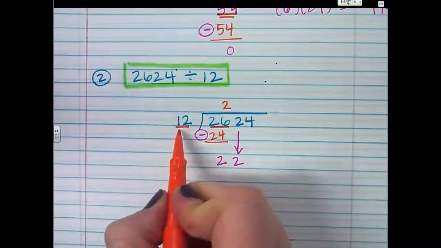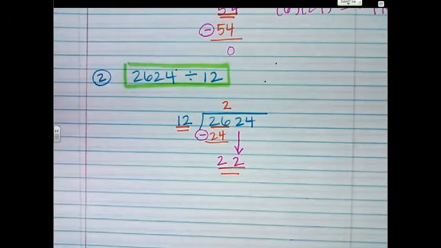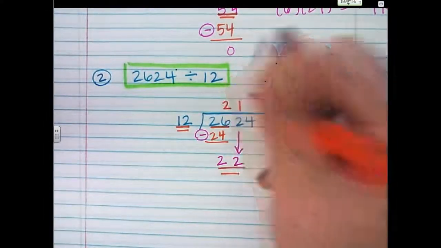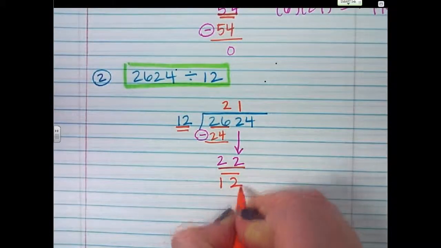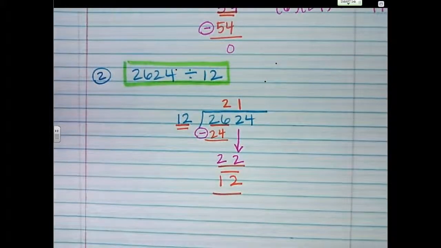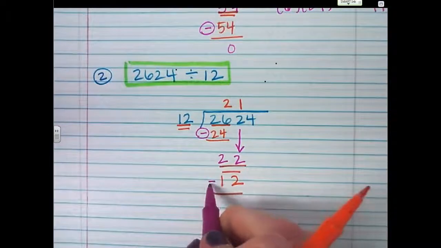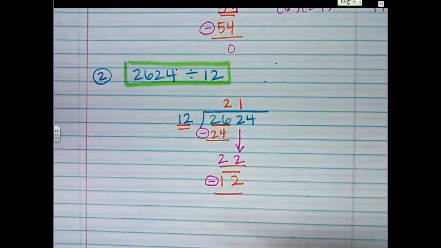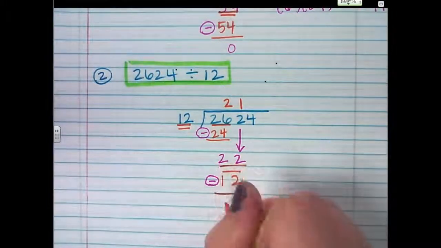So you bring down one piece at a time. Okay, do it again. How many times does 12 go into 22? 1 time. Multiply again. 1 times 12 is 12. Make sure here you're subtracting. You don't have to circle it, but in a minute when we do polynomials, it's going to be easier if you circle it. So 22 minus 12 is 10.